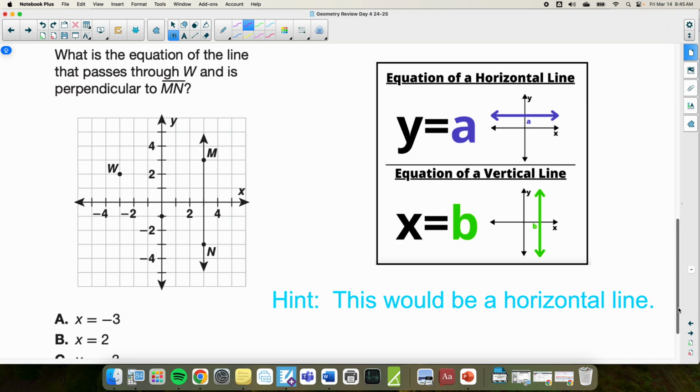Horizontal. And the slope would be 0. Good job. So if we're going to rise 0 and run the whole graph, what way would the line that's perpendicular to this be? It'd be horizontal, right? And if we want to pass through W, we're just going to go like that.